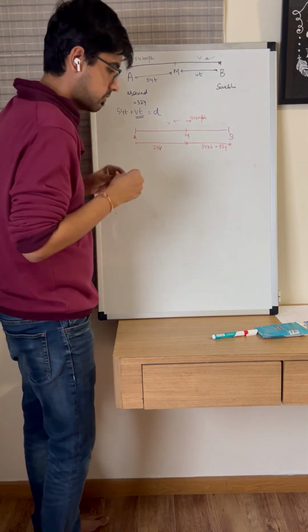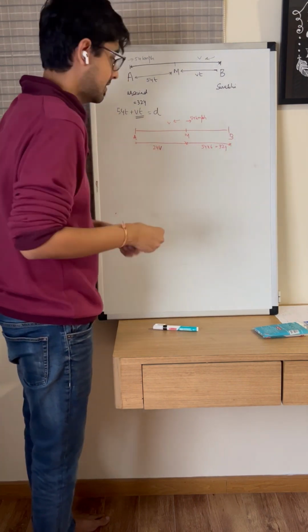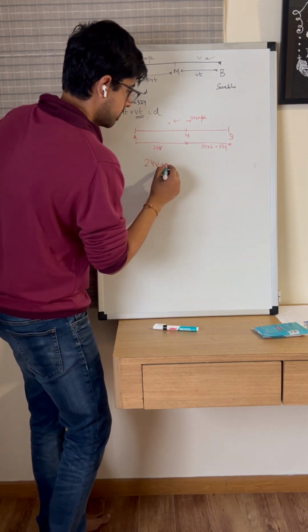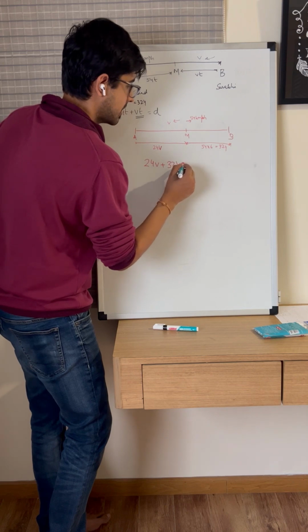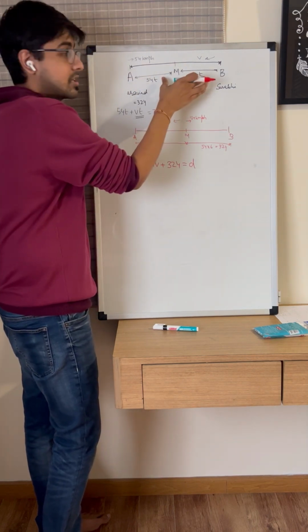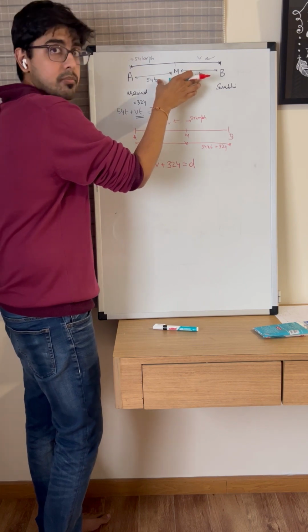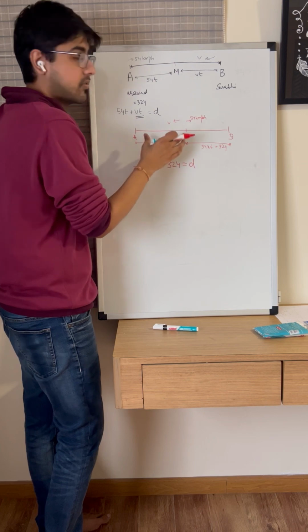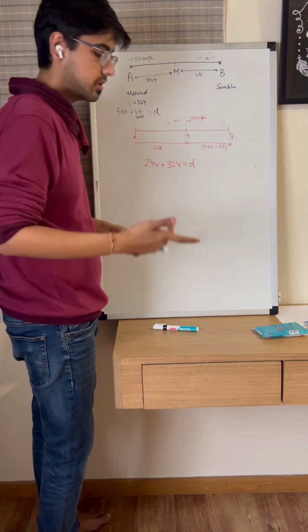If I write the total distance D in this way, I will get 24V plus 324 is D. I have written this equation in black using the initial part of the journey before the meeting, and I have written the equation in red using the final part of the journey after the meeting.